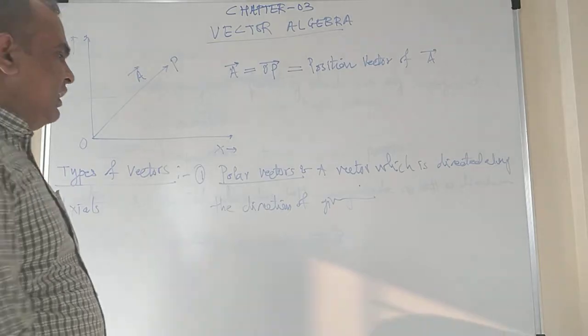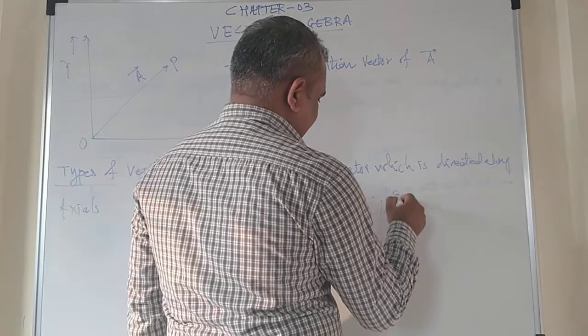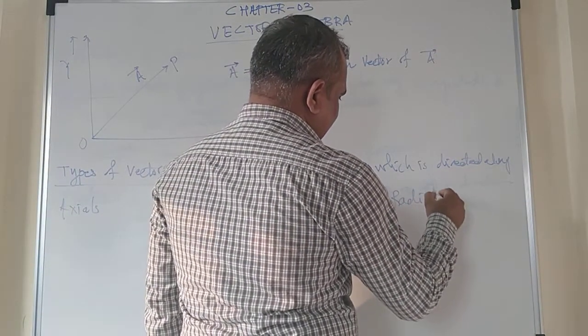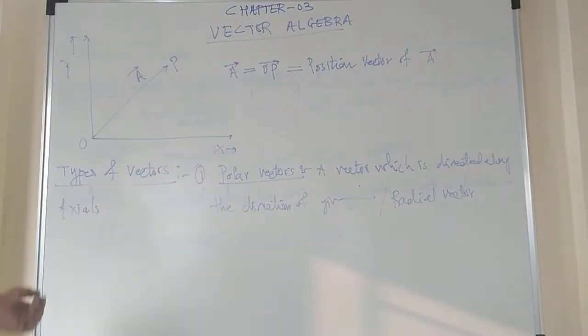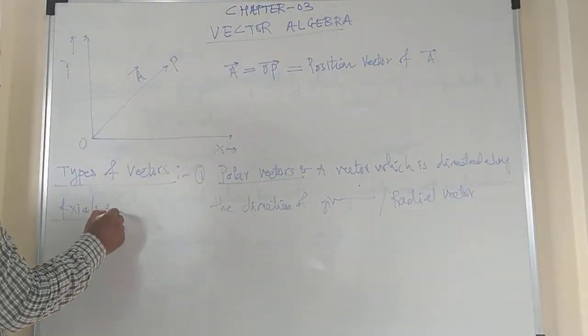Clear? It is also termed as a radial vector. The other name of polar vector is a radial vector.